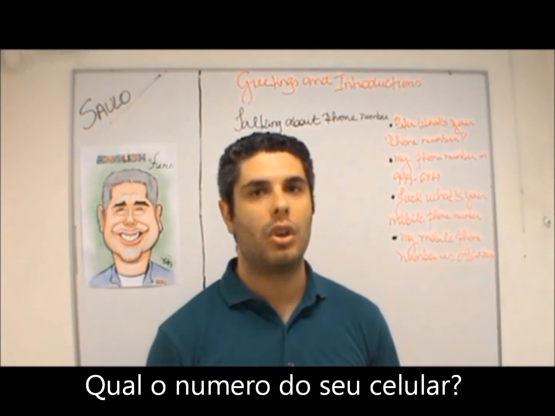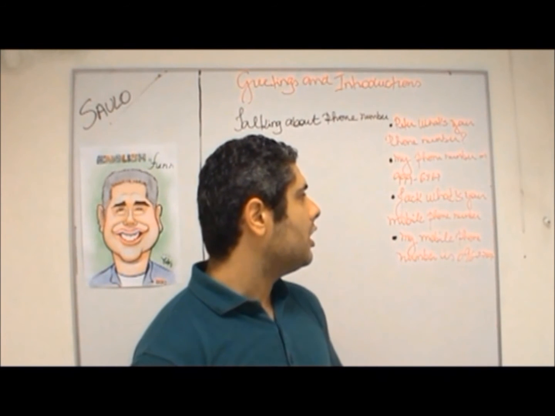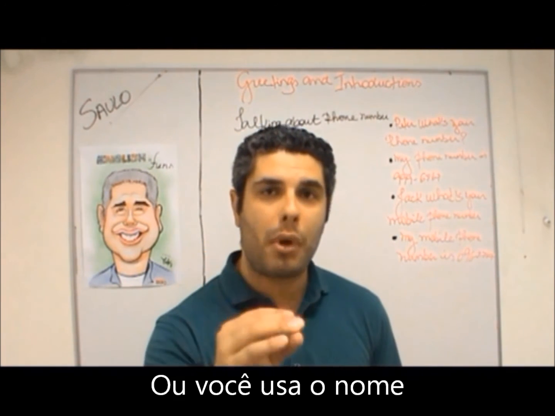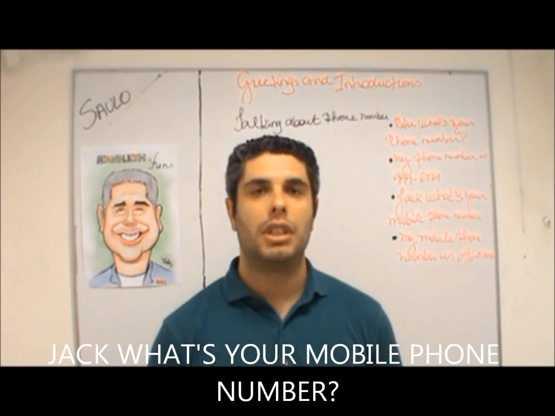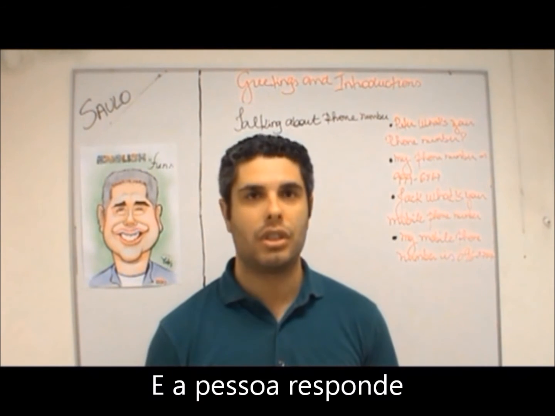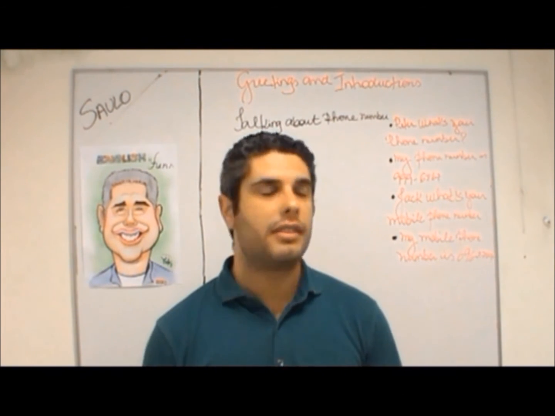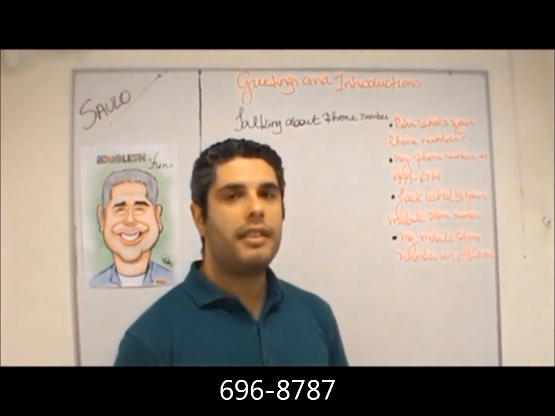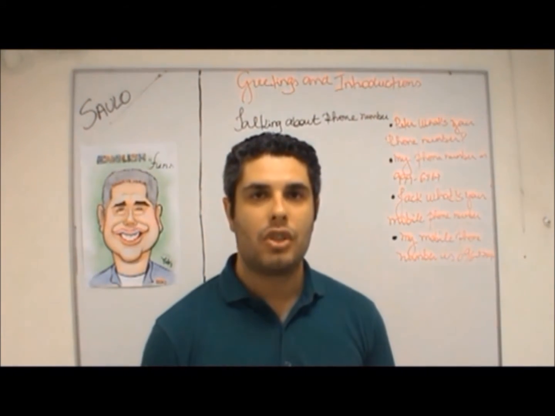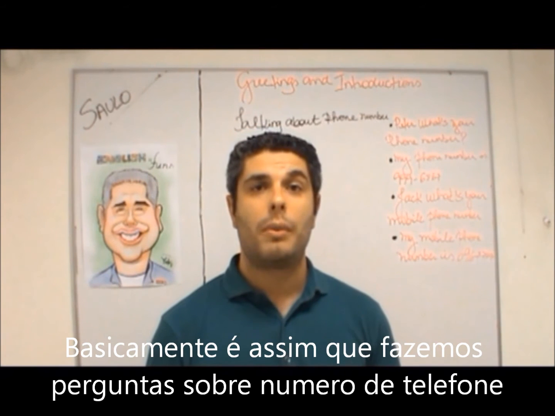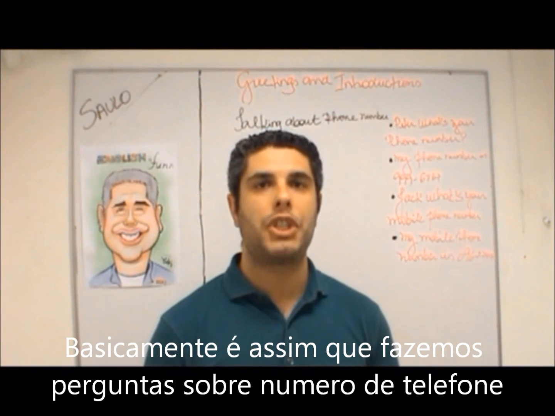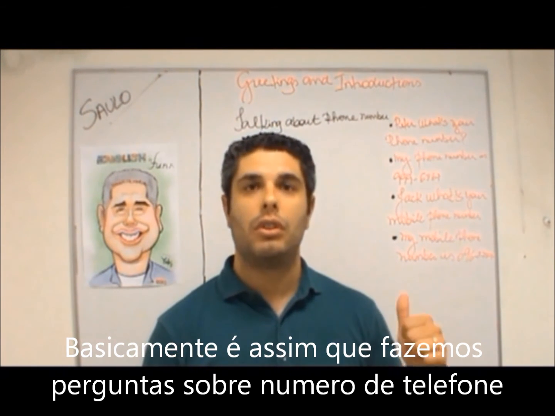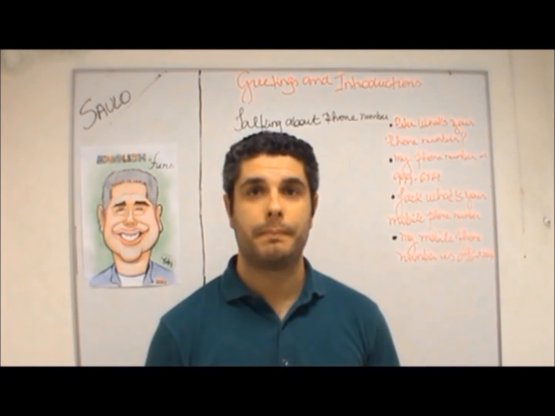Or you use the name, Jackie, what's your mobile phone number? And the person answers, my phone number is 6968787. So basically this is how we make questions about phone numbers, okay?